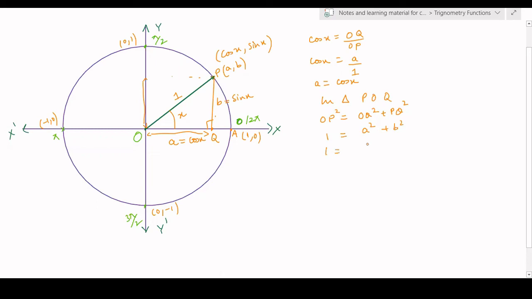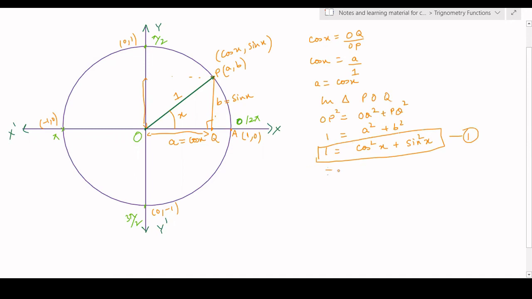But we have taken A as cos x, and B is sin x, so B squared becomes sin squared x. So this becomes the identity which we already know, that sin squared x plus cos squared x gives us 1. This is our identity number 1. From here only we'll derive the other identities.